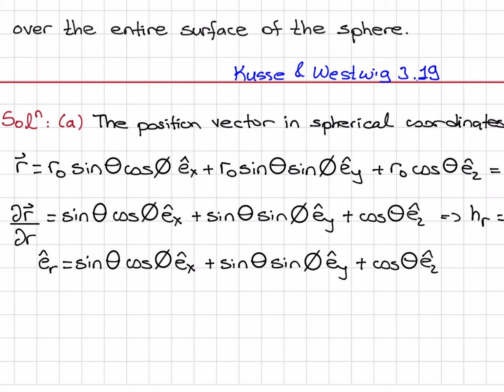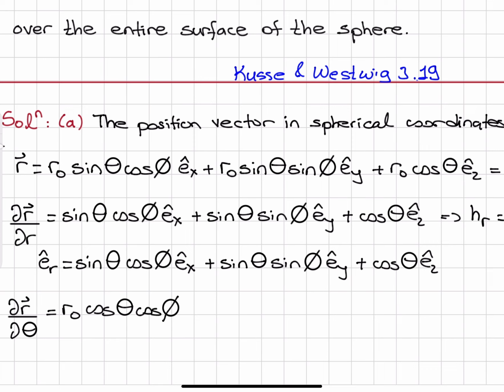Now I'm going to take a derivative with respect to the polar angle, so del r del theta. This time I'm going to get cosine theta from the first term: r0 cosine theta cosine phi in ex hat direction.